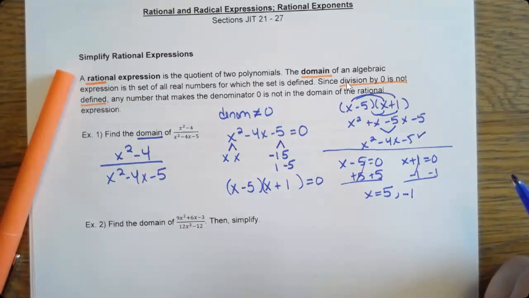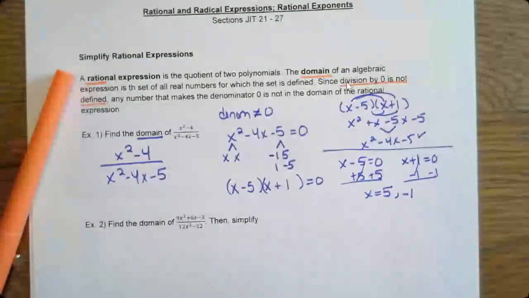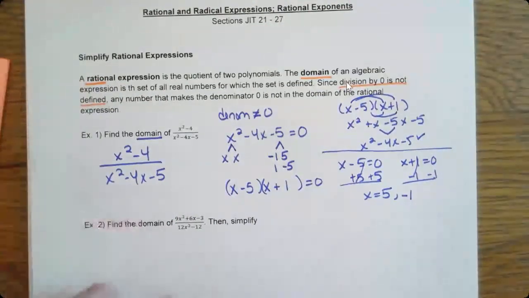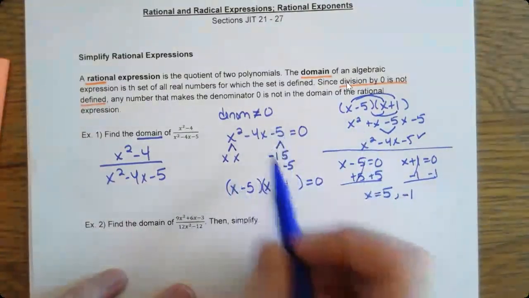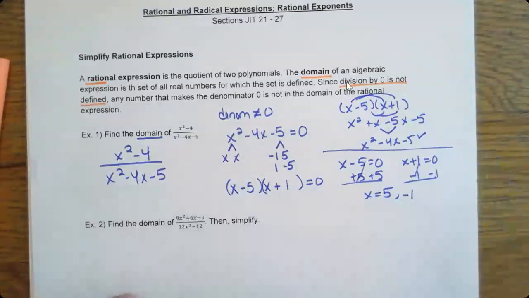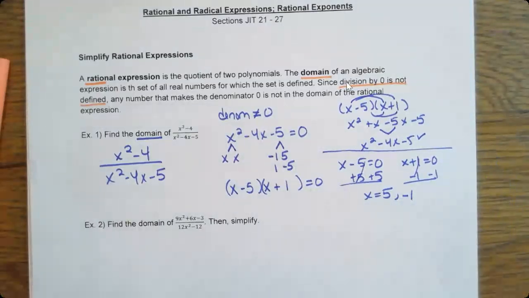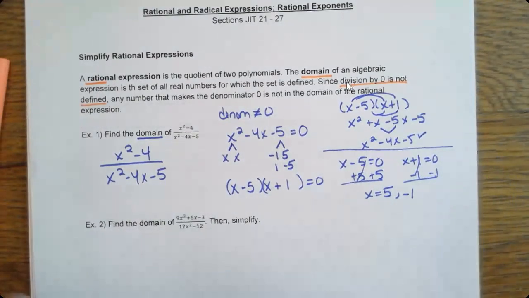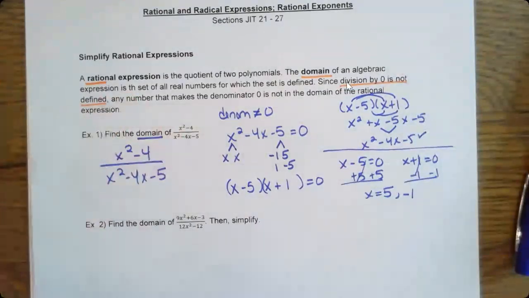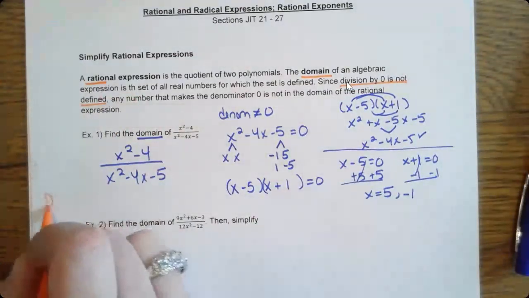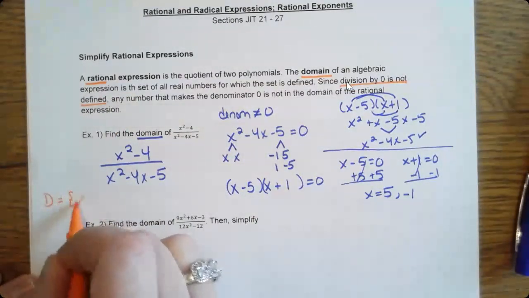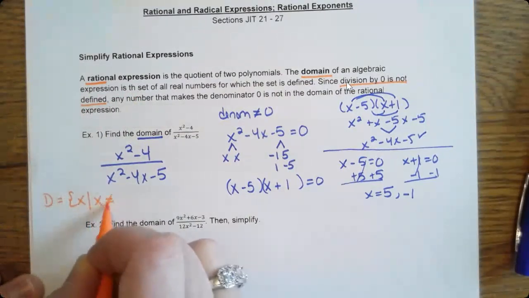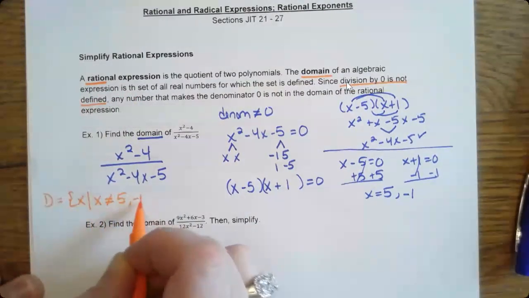Now let's think back to the question we were trying to answer. Our question was about finding the domain. These two values would make the denominator 0, so even though they give us the answer, we actually don't want these values. Our domain would be all x values as long as x is not equal to 5 or negative 1.